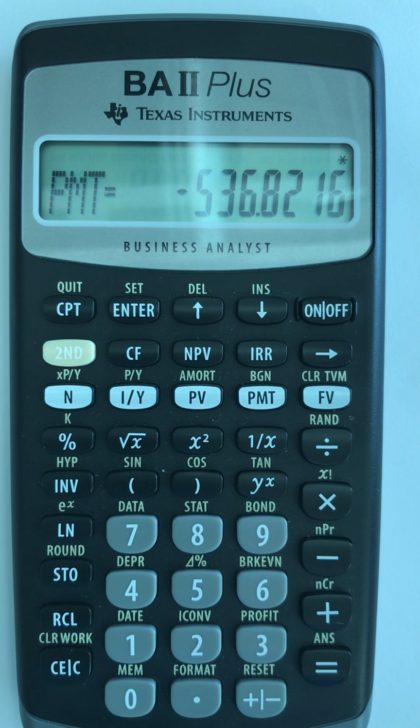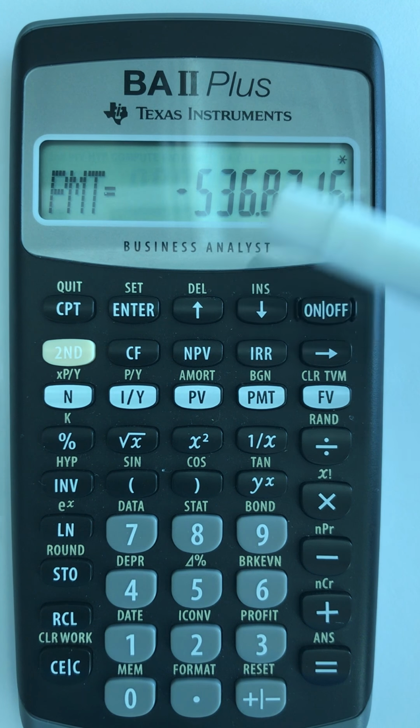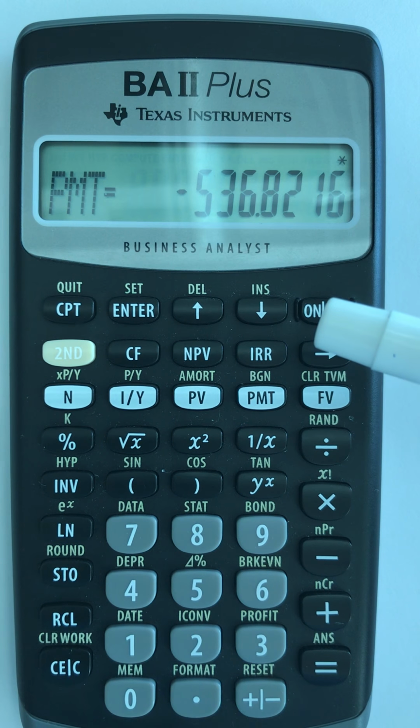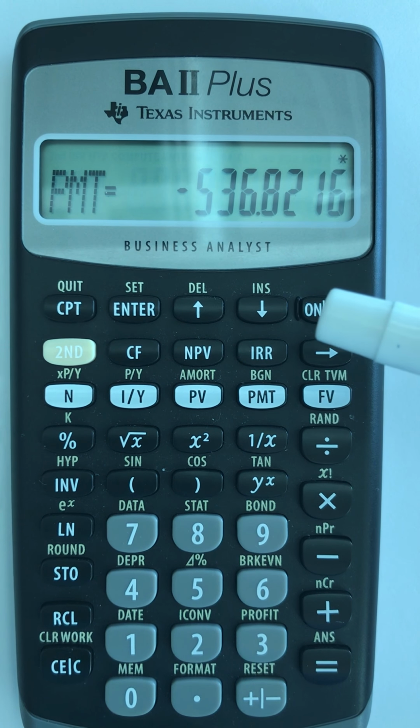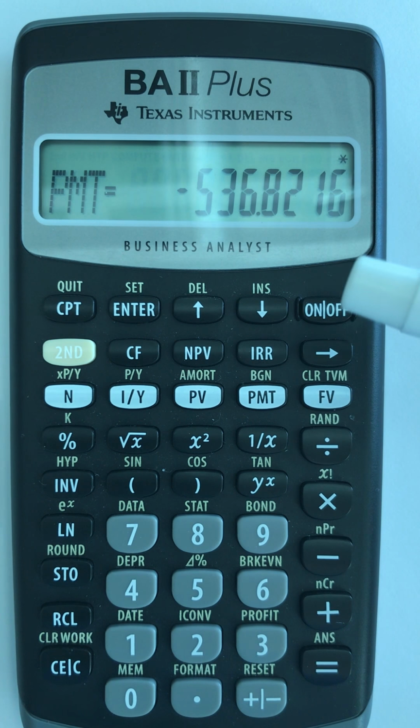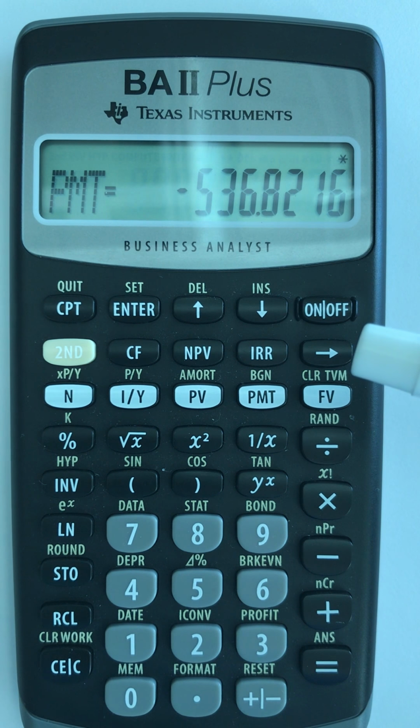If you borrowed $300,000, maybe you can multiply this by 3 and see if your monthly payment is close to this number or not.